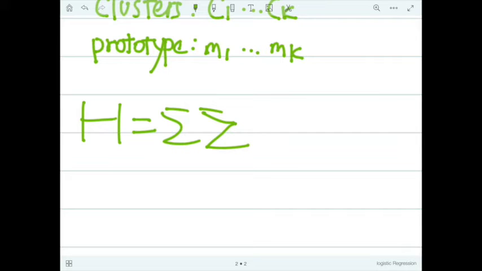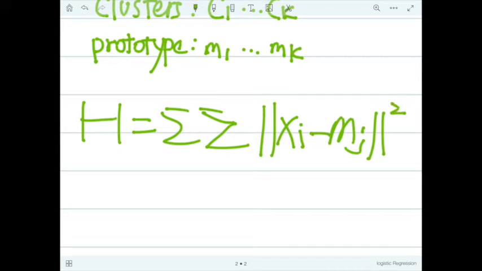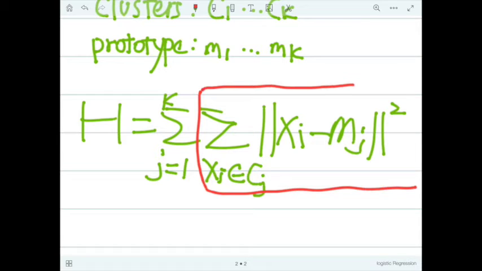I will first write it down and explain what it represents. Okay, so we have two sum symbols, which is confusing, but let's first take a look at this part in the red box.